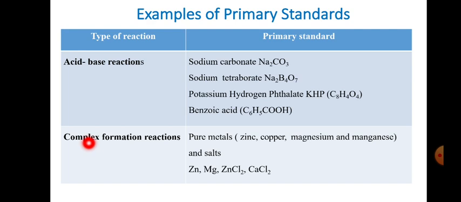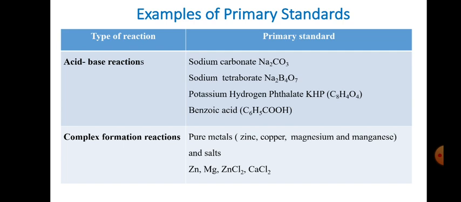Then when we talk about complexometric titration, where complex formation reactions are involved, we use pure metals like zinc, copper, magnesium, manganese and their salts. We can use zinc in the form of granules, magnesium, zinc chloride and calcium chloride.